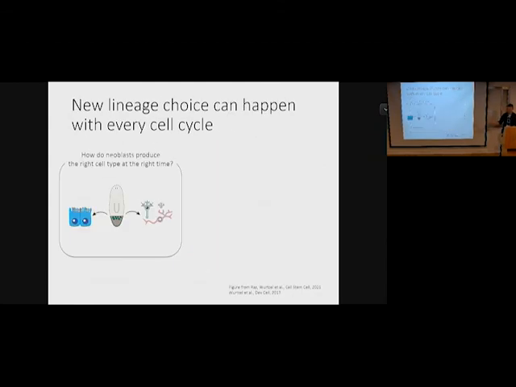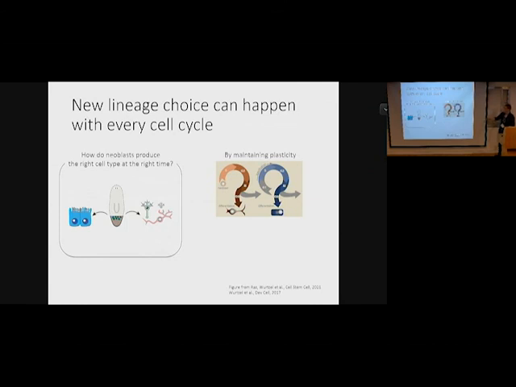And those transient states get me back to the initial question that I was asking. The key to regeneration is to form the right cells at the right time. How does it happen? Part of the answer is that the stem cells can choose their identity each time that they go through the cell cycle.